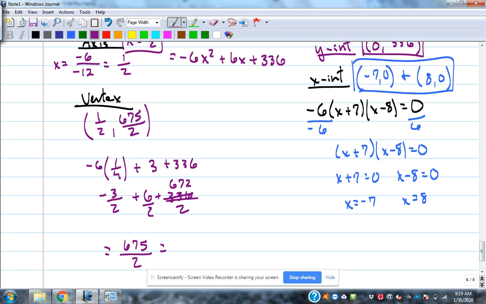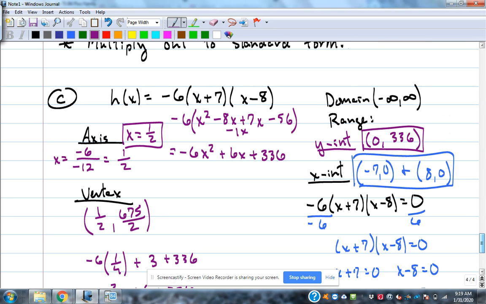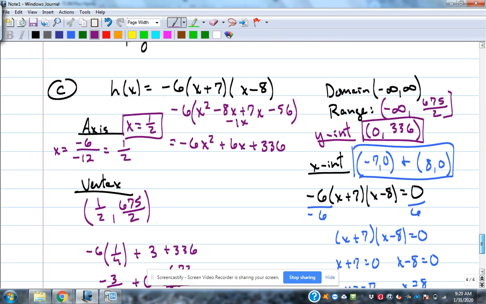So we found our vertex, we found our intercepts, so now we can find the range. Which way does this one open? Down. So it's going to go from negative infinity up to 675 over 2, with a bracket on the 675 over 2. So intercept form gets you that.